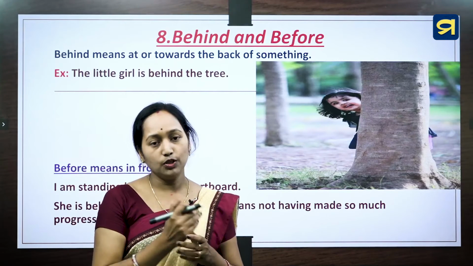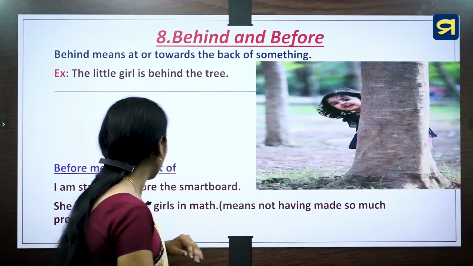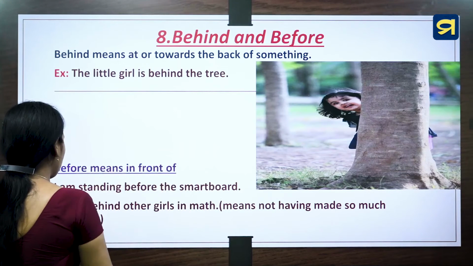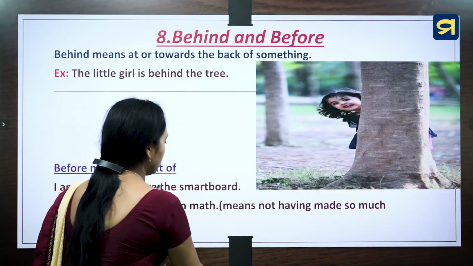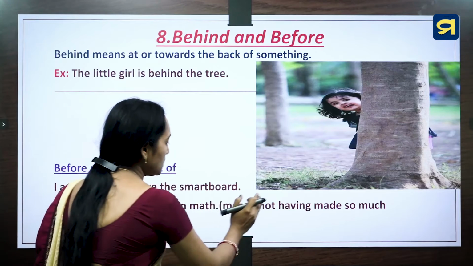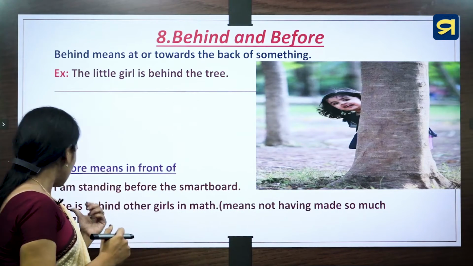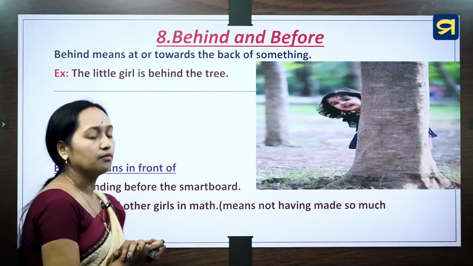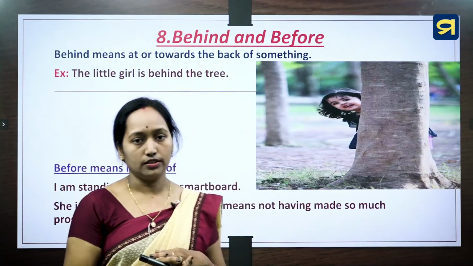While in the classroom, your teacher also teaches before the blackboard. In other cases, she is behind other girls in math. So here the meaning is something different. Here behind means not having made so much progress. She is behind other girls in math, meaning she is not doing well in comparison to others.